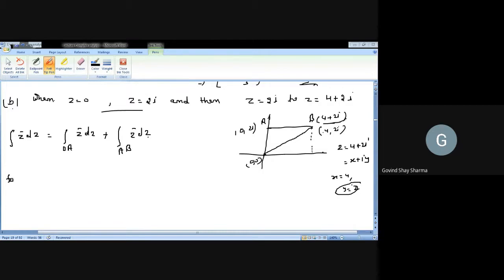For the OA line, x is equal to 0. So z is equal to x plus iota y, with x equal to 0, so z is equal to iota y. This implies dz is equal to iota dy.